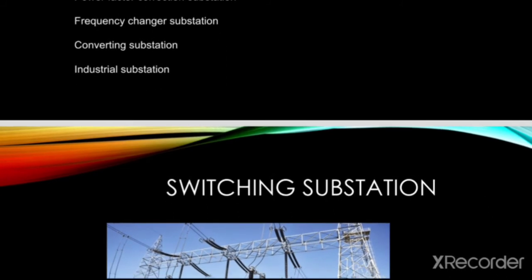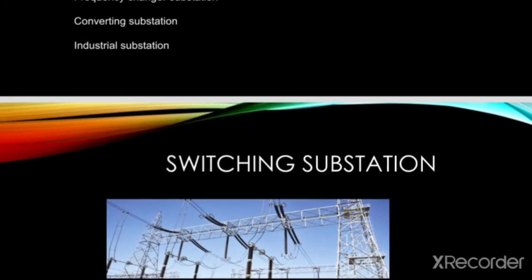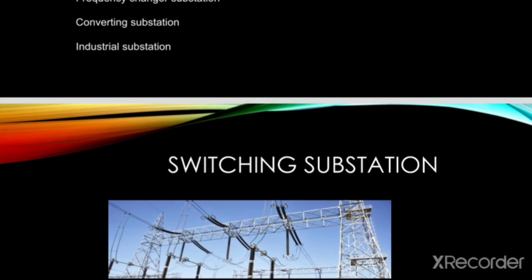And coming to the frequency changer substations, a frequency changer is a motor generator set that changes the power of an alternating current system from one or more different frequencies, with or without changing the number of phases or the voltages.